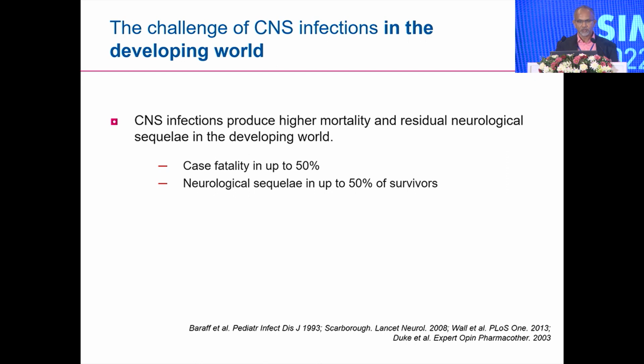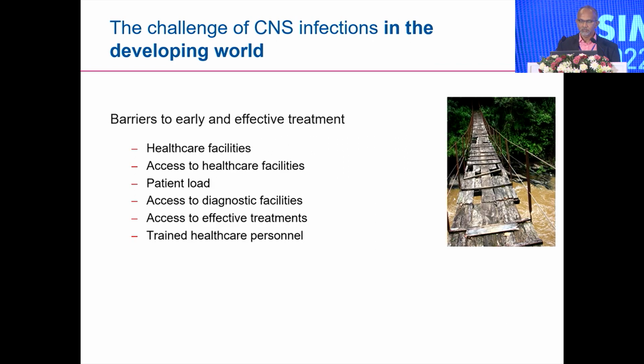They lead to more deaths, almost 50% mortality, and neurological deficits in 50% of the survivors. So that's where the problem lies in our countries, and there are many reasons for that. We know there are so many barriers to early and effective treatment. But at the end of the day, we have lots of deaths and lots of disability in our countries due to CNS infection.